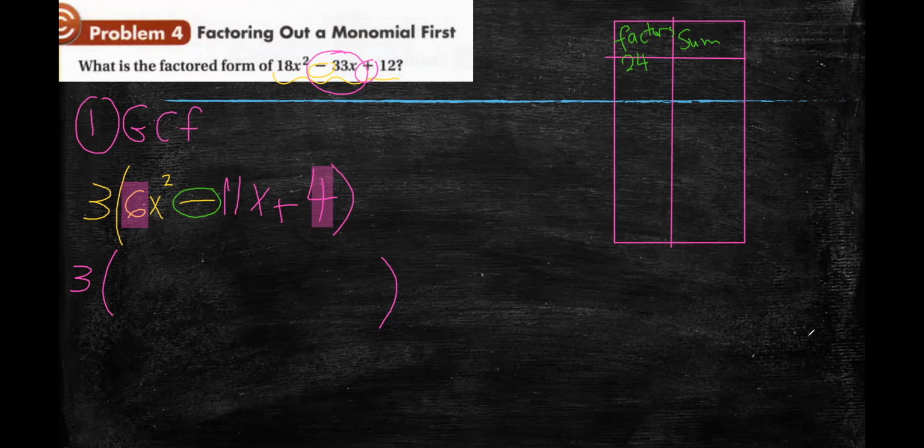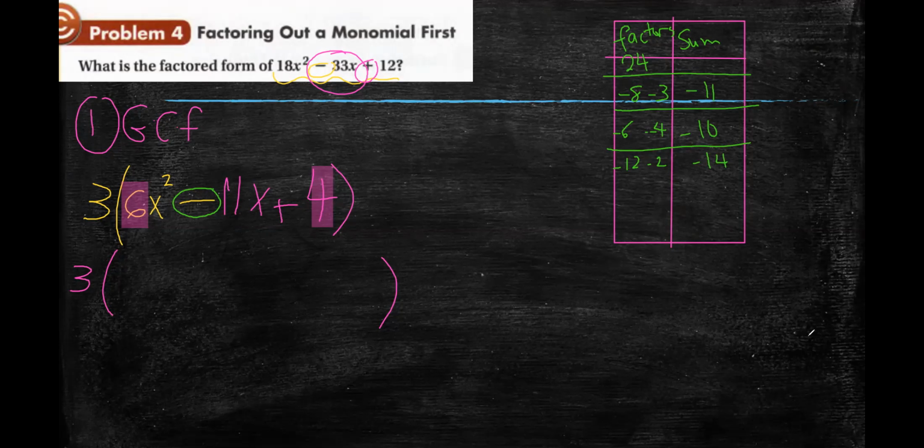So I have to write all the factors: negative 8, negative 3, negative 6, negative 4, negative 12, negative 2, and so on. Let's now find the summation. Which pair of factors, if you add them, gives negative 11? Negative 8 and negative 3, yes.